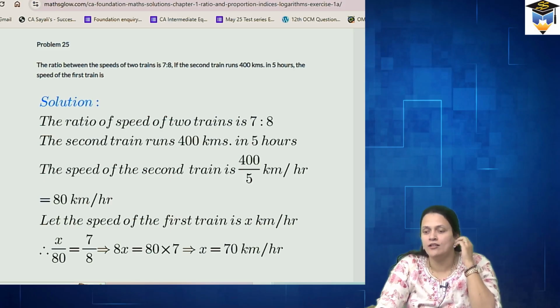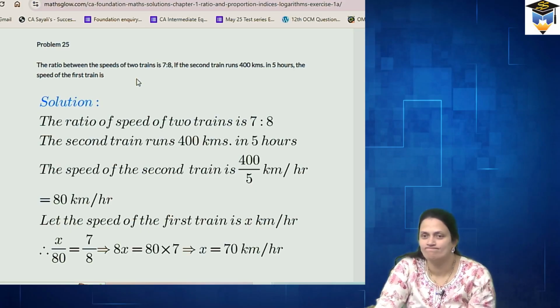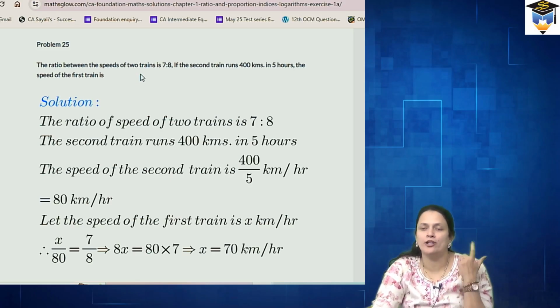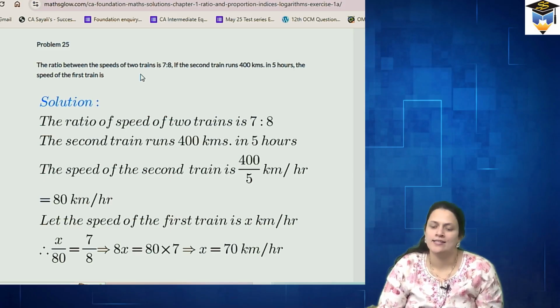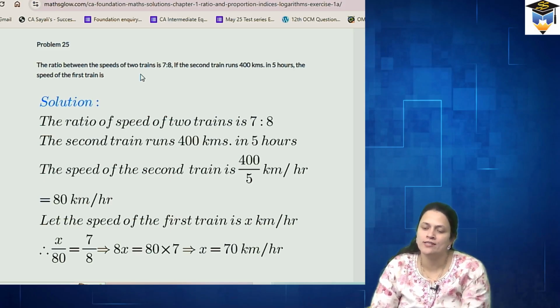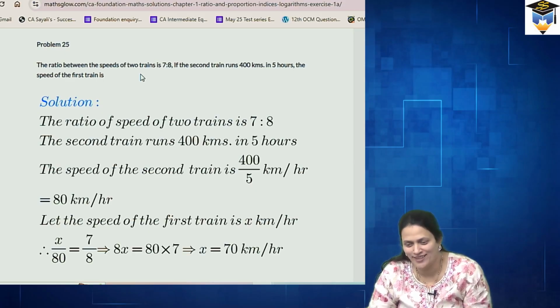If the second train runs 400 kilometers in 5 hours, the speed of the first train is. What is given to us? The ratio of the speed of two trains is 7:8. The second train runs 400 kilometers in 5 hours. So what is the speed? Distance upon time, 400 upon 5, so that is 80.